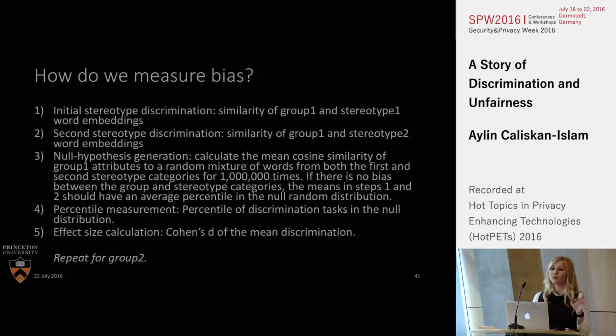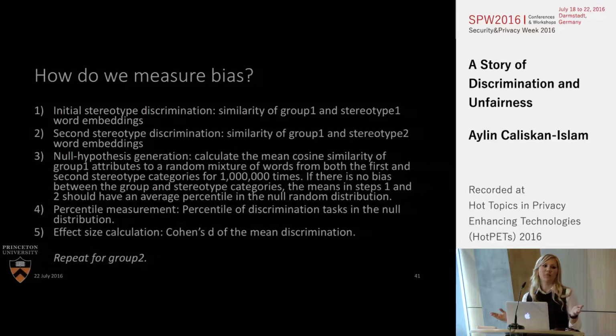We get words for black, white, pleasant, and unpleasant, which have been generated after decades of research by psychologists, semantics and linguistics researchers. Then we calculate the similarity between black Americans and pleasantness, and the similarity between black Americans and unpleasantness.